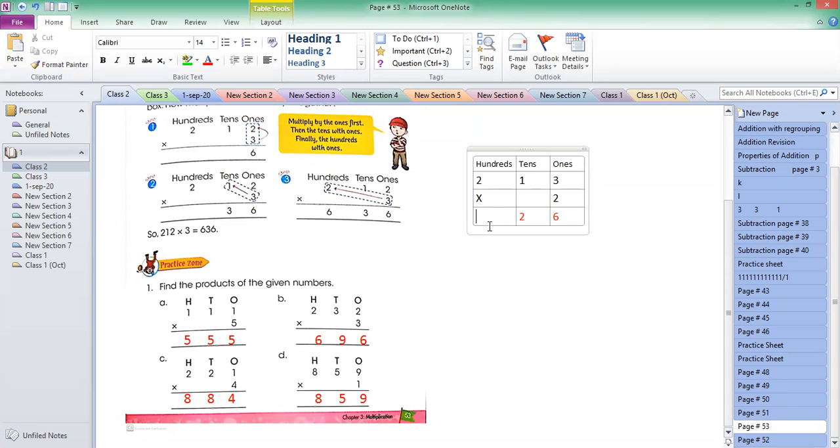What number should I write here in the hundreds? Multiply this 2 by this 2. 2 multiplied by 2 equals 4. The answer is 4. Very good, guys. This is the end of our today's lecture.